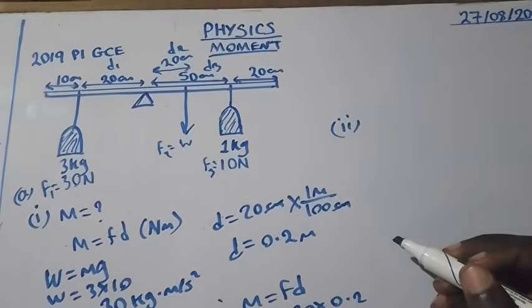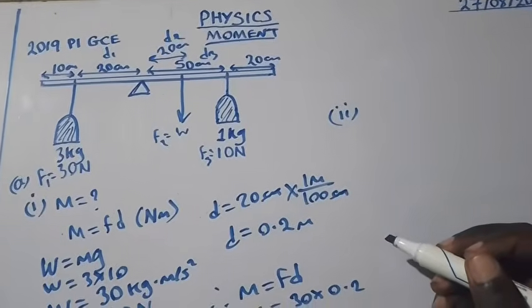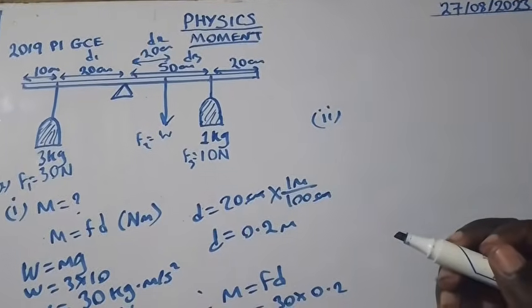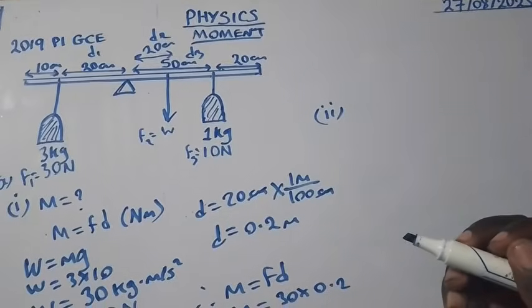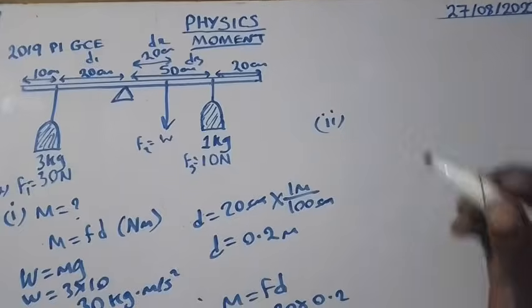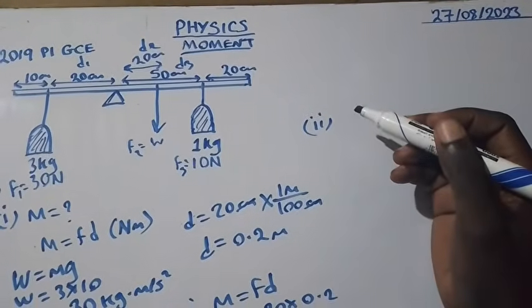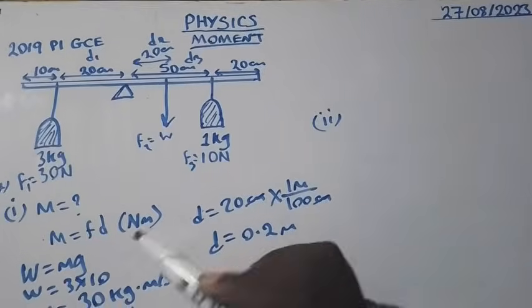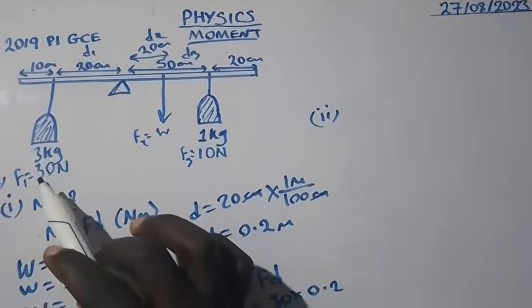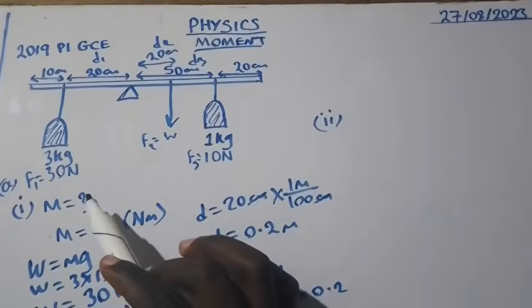Okay. So principle of moment states that the sum of clockwise moment is equal to the sum of anticlockwise moment for the body to be in equilibrium. So we need to identify the forces that are moving in the counterclockwise. So we have only one, F1, it is moving in the anticlockwise direction.